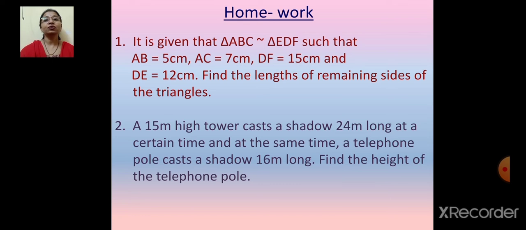So in this way two triangles are similar by angle criteria, and once the triangles are similar, their corresponding sides are in proportion. Then few lengths are given to you, you substitute and find the height of the telephone pole. Okay, so you try these two sums and keep practicing.